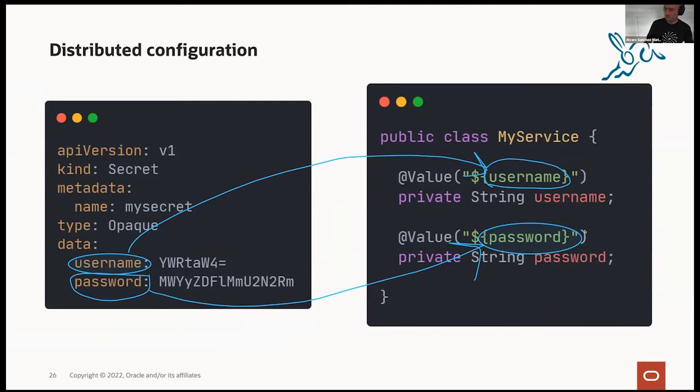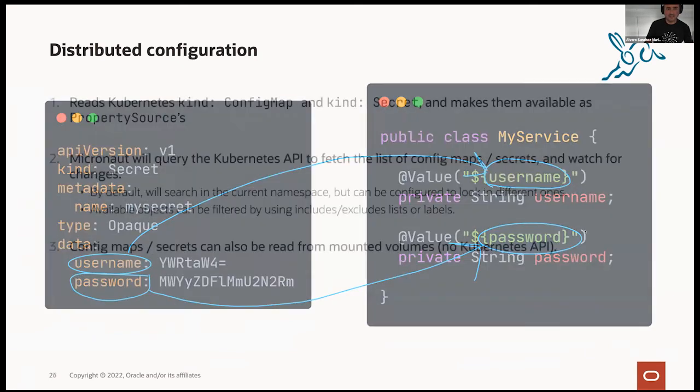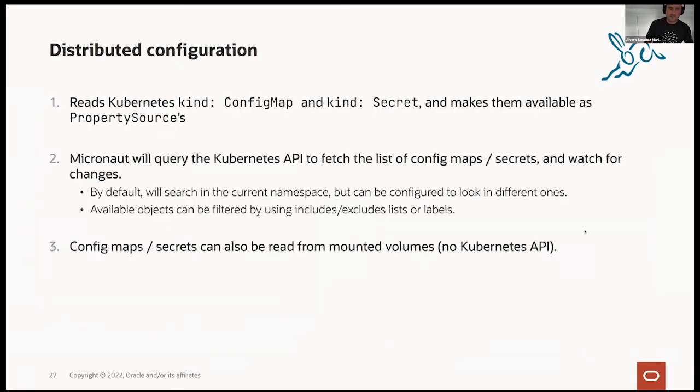There are different ways. So you can have a programmatic API to retrieve configuration values, and they all can come from both config maps and secrets. If you allow this to work with the Kubernetes API, so if your Micronaut application deployed on Kubernetes has permissions to query config maps and secrets, we will by default watch for changes in them.